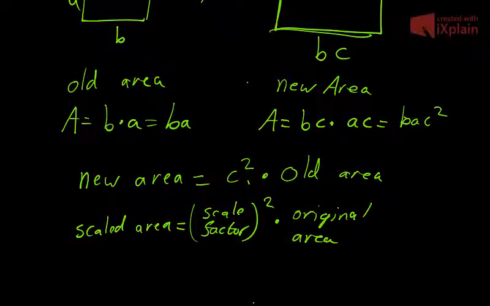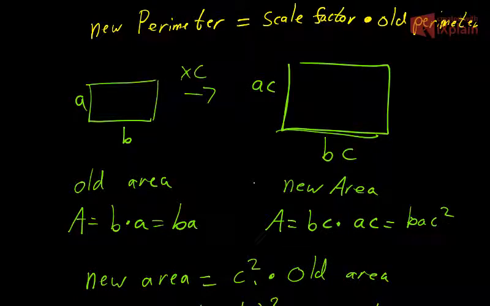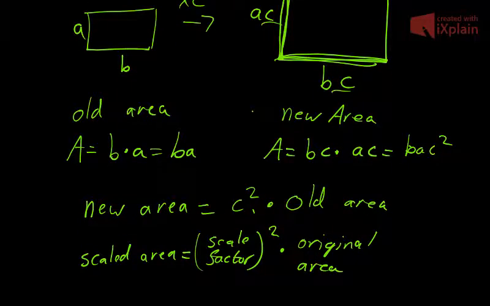And that's not too bad. That also kind of makes sense. So both of these, we've got two different dimensions both multiplied by C. So I've got two C's here, and when I multiply them together, I get a C squared. So when we have a scale factor, our area goes up by the scale factor squared.